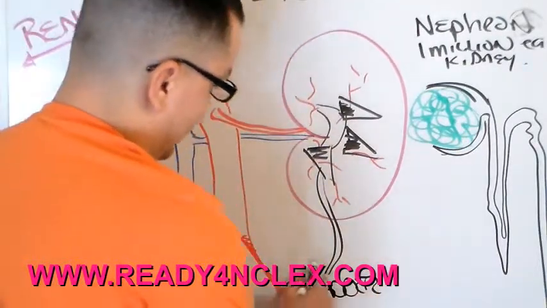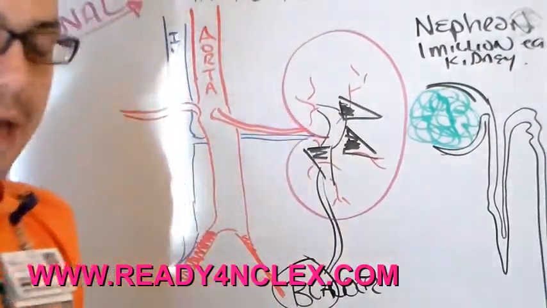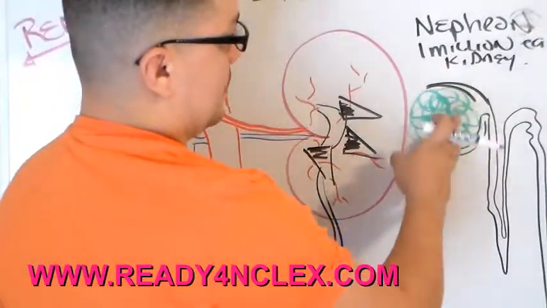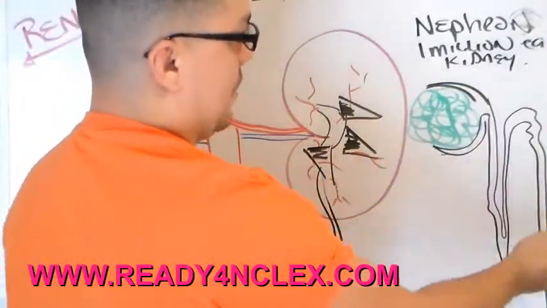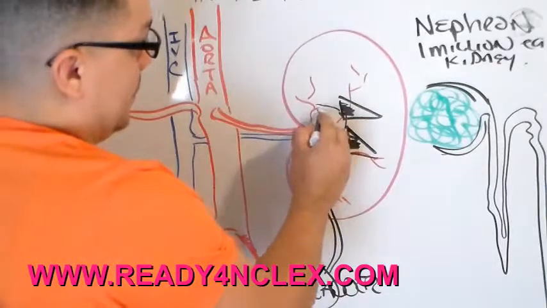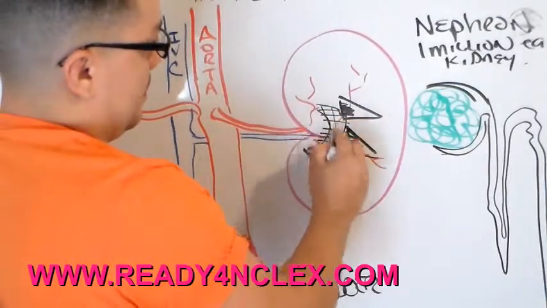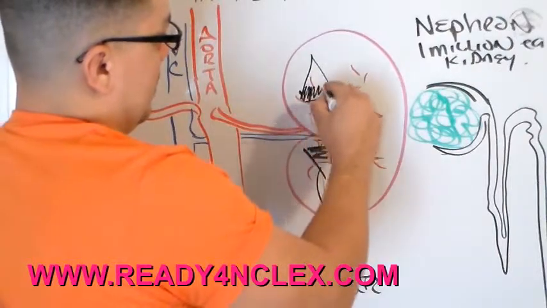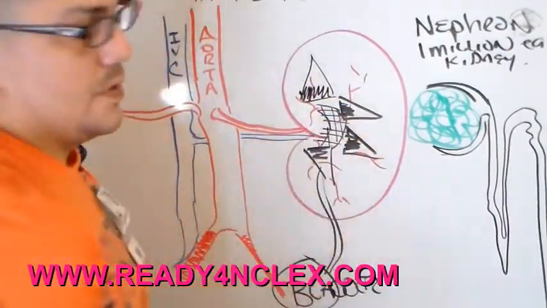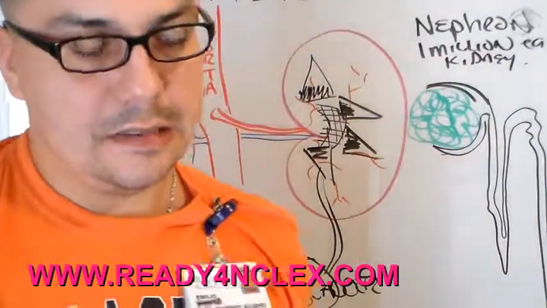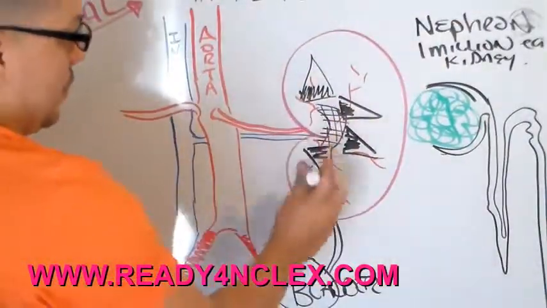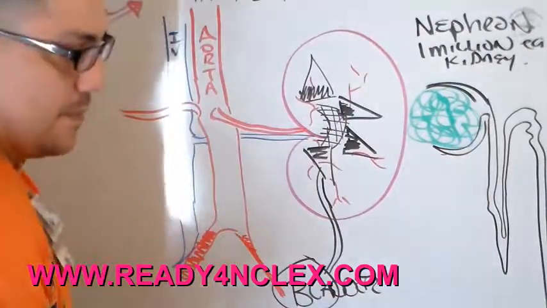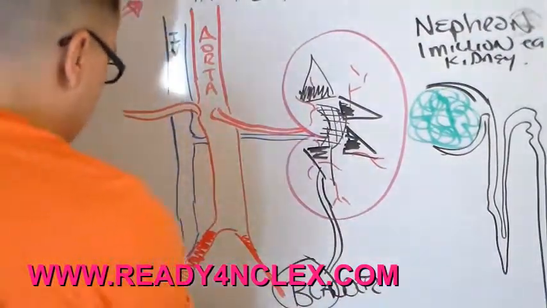Bladder fills up, and then you go to the bathroom. So this is just one of the 1 million nephrons that you have. They all filter the blood, they all produce urine, drain into the renal pelvis right here, and once the renal pelvis fills up, which is usually about 25-30 cc's it is capable of holding, it will drain into the ureter and then into the bladder and start filling the bladder up.